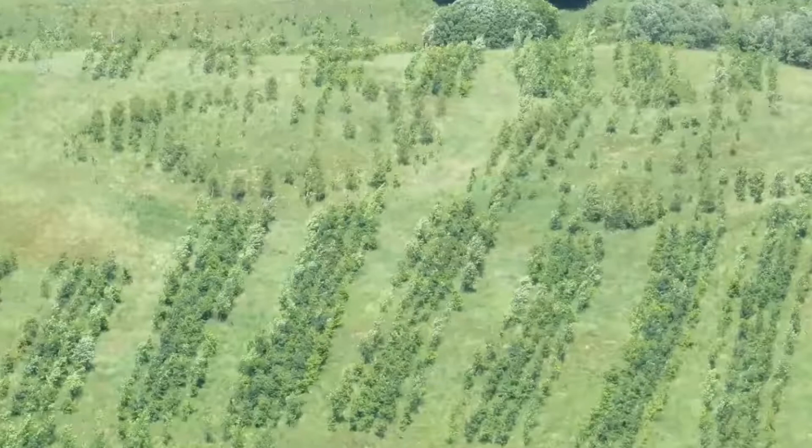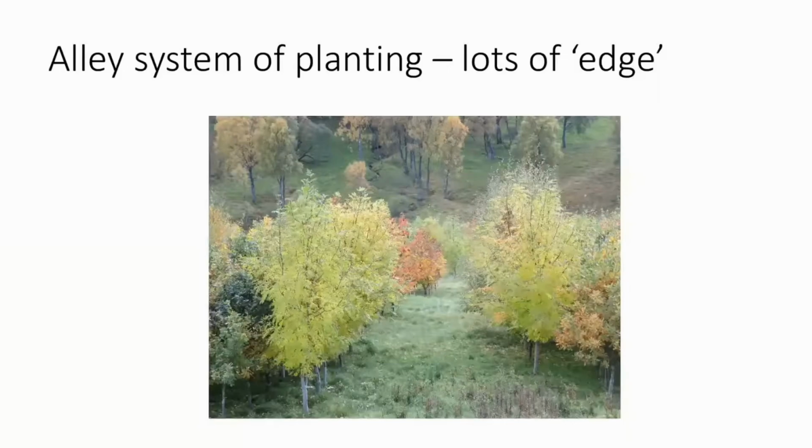So we came up with this kind of pattern, which was an alley planting pattern that you can see in its early days, and essentially the strips of trees with grass in between. And here it is on a little bit further. What it does is it has the characteristic of an ordinary woodland in the middle of these strips. So the trees are tightly grown, so they grow up straight.